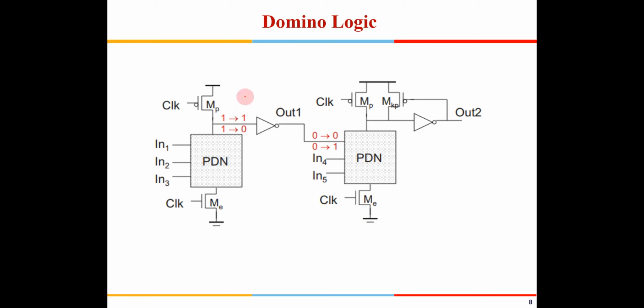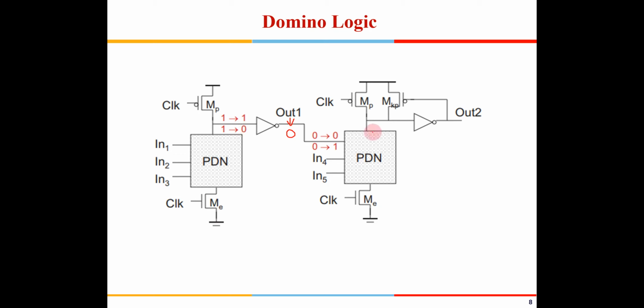So here this is what we discussed out here. If you see here, this is getting pre-charged to 1, right? And this point will be pre-charged to 0 out here. Now from here it can either remain from 1 to 1, or it can go from 1 to 0.